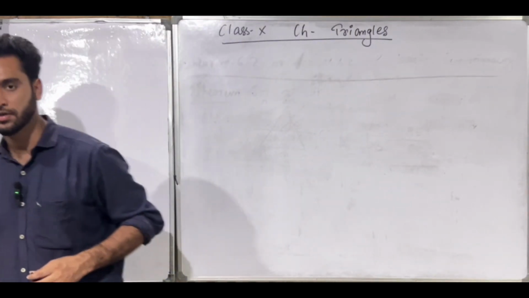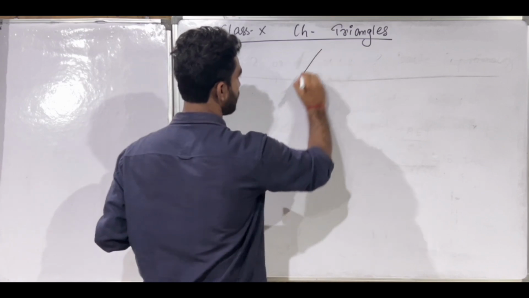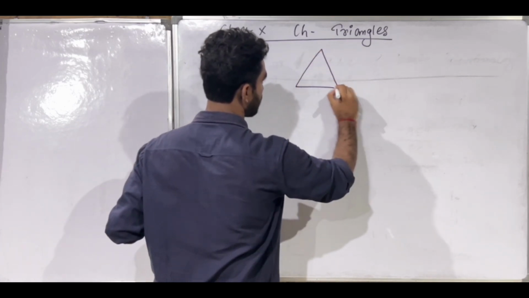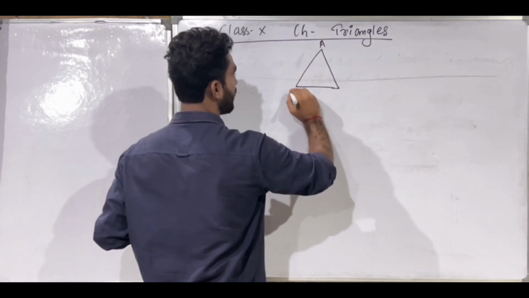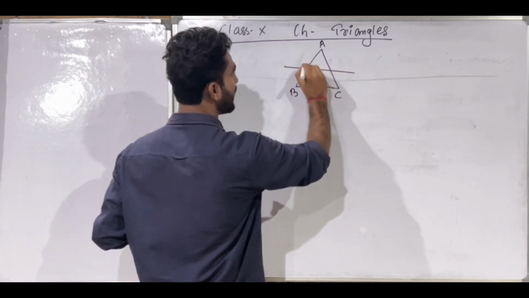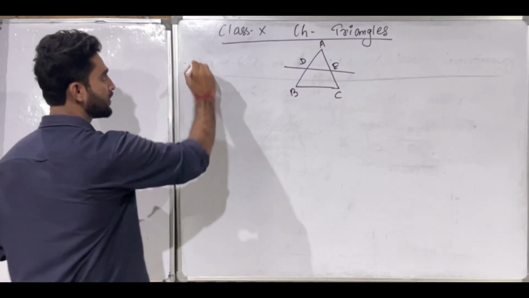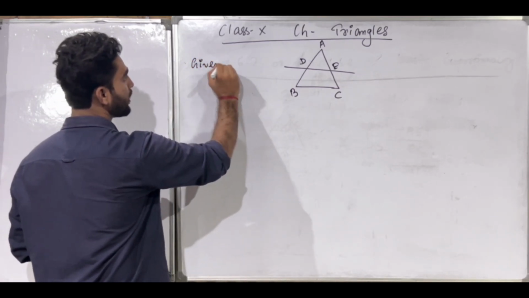To prove this theorem we have to draw the diagram first. Let's suppose this is triangle ABC, and this line divides the two sides in the same ratio. First, what is given?